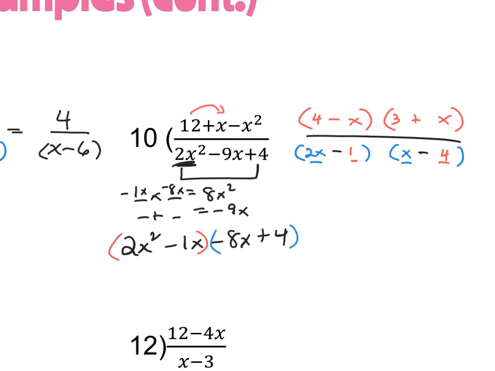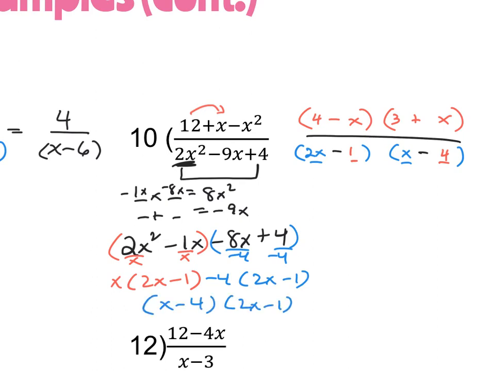GCF here is x. GCF of the blue is negative 4. And then the final answer, x minus 4, 2x minus 1, which is what I got when I guessed and tested. So now that I had the right thing in there, I'm going to look for things to cancel.